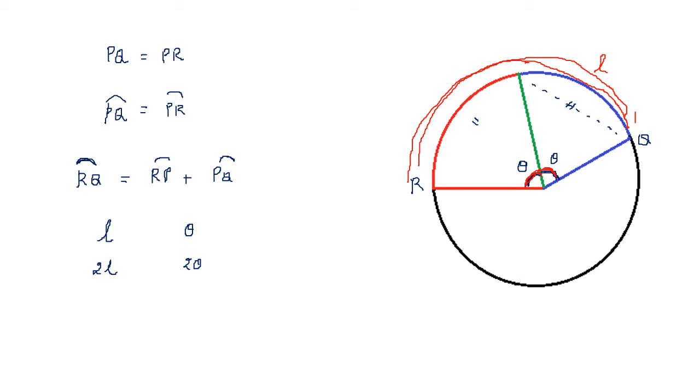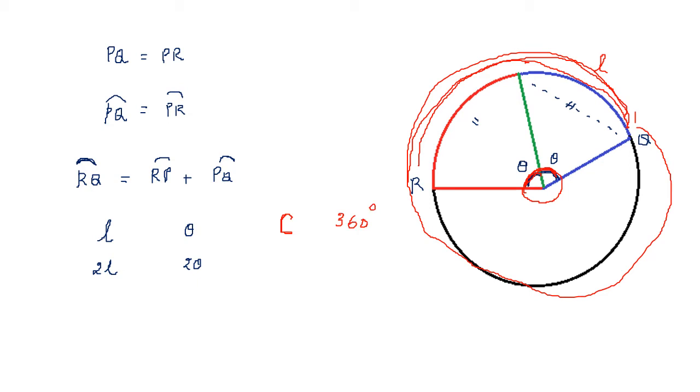Suppose I take the complete arc, that is the complete circle. The complete circle, that is the circumference, what will the angle inside be? The whole circle, that is 360 degrees. So when the angle is 360 degrees, the length of the arc is the circumference, that is 2 pi r.